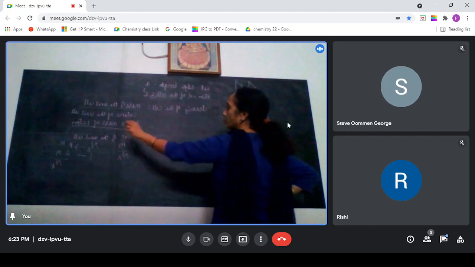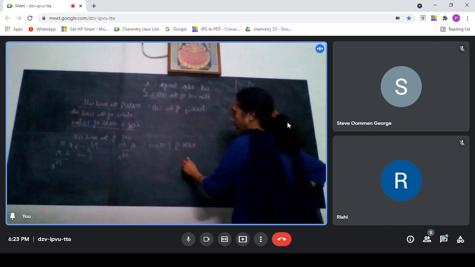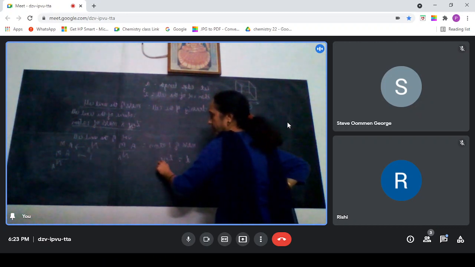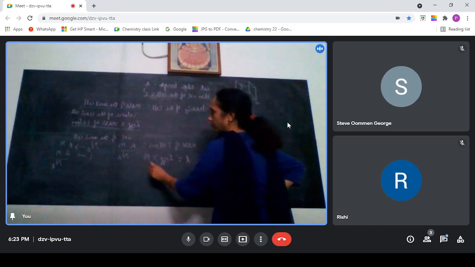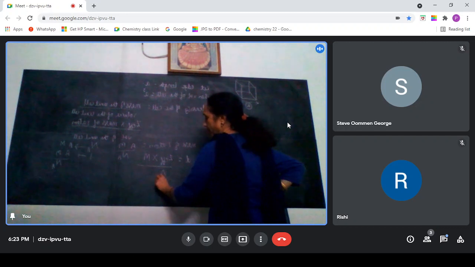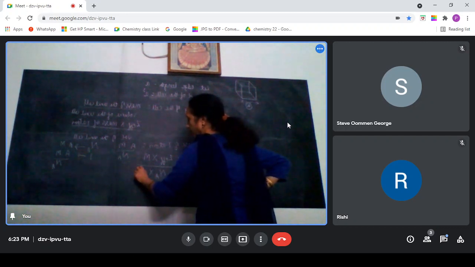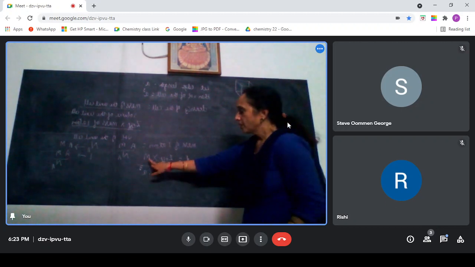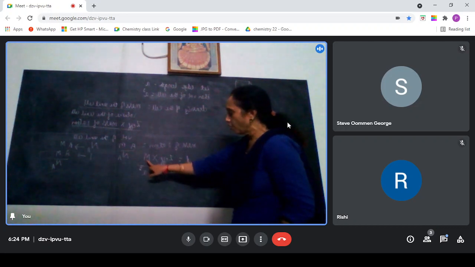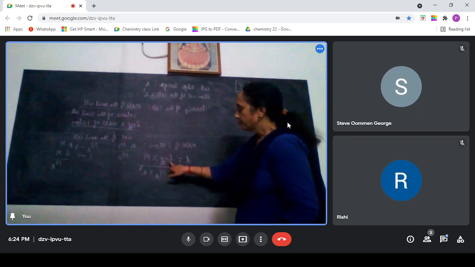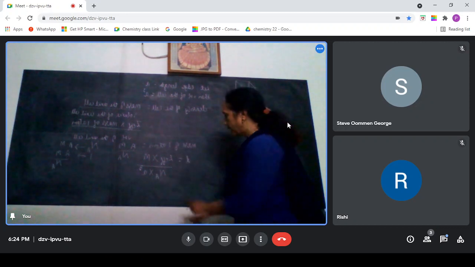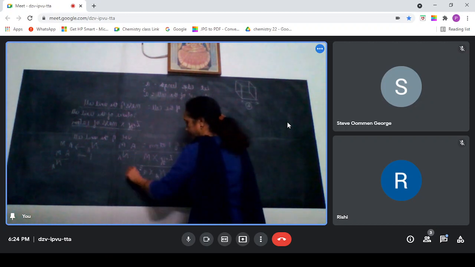So, when you substitute everything, density will be equal to Z effective into atomic mass by Avogadro number into A cube, where mass of the unit cell is Z effective into atomic mass by Avogadro number and volume of the unit cell is A cube. This is very, very important.